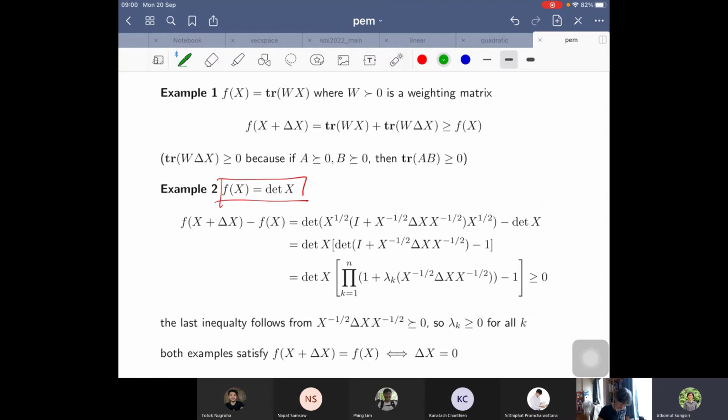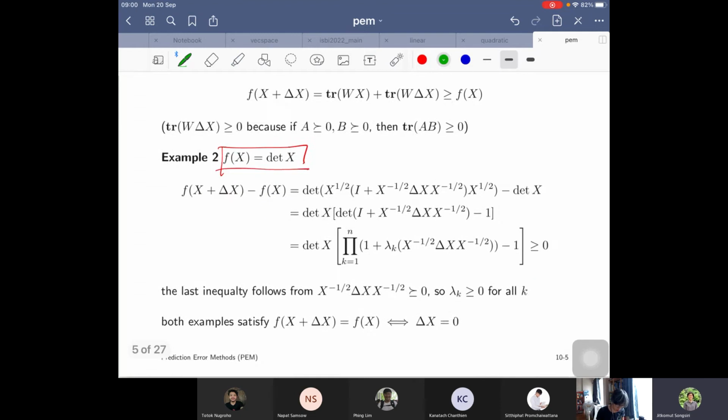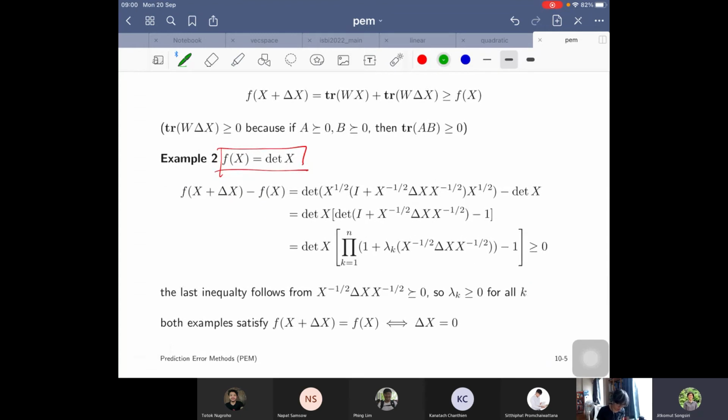I think it's better to go directly to the mathematical property. Now I would like to verify that this function f is monotonically increasing. So I'm going to start by writing down f(X + ΔX) = det(X + ΔX) minus, okay, now I'm going to take the minus, determinant of X.